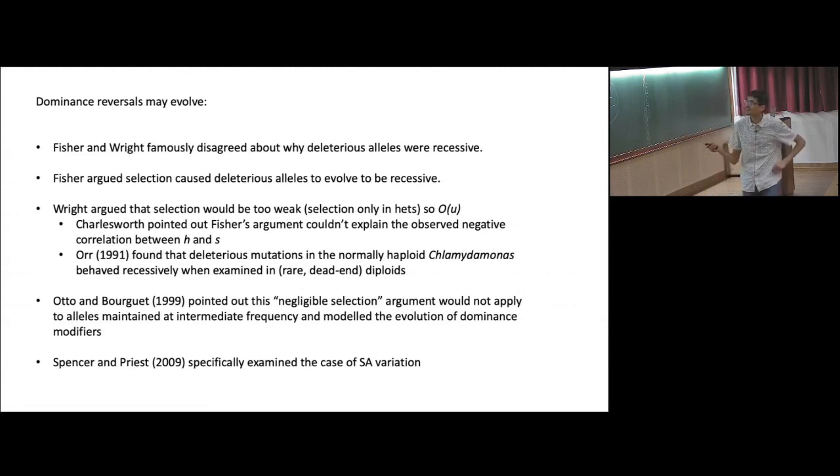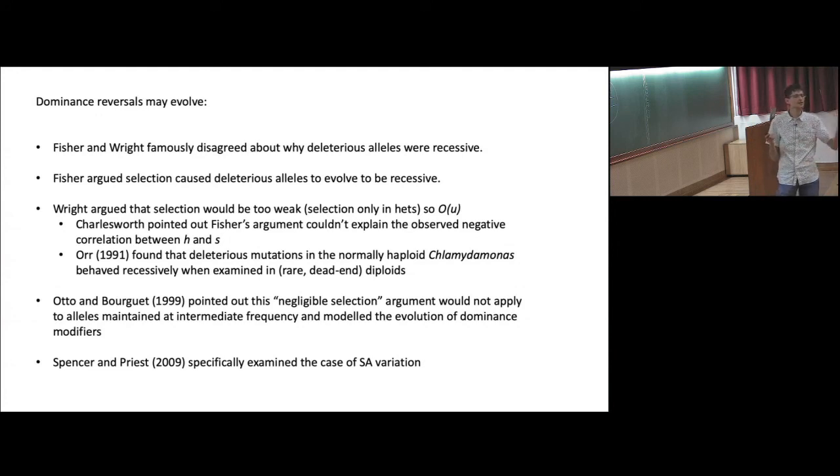And so the selection for changing the dominance on those alleles is only going to be on the order of the mutation rate creating those deleterious alleles and adding them into the population all the time. So Wright said Fisher couldn't be right about dominance evolving.